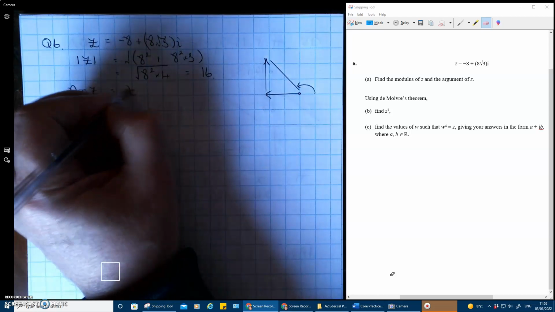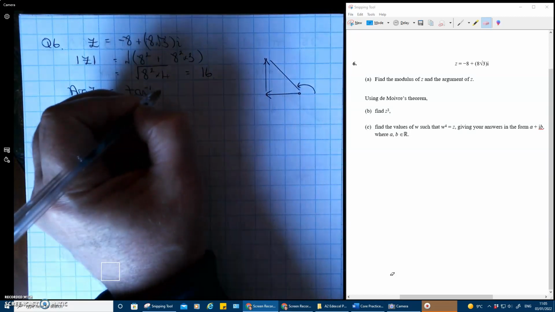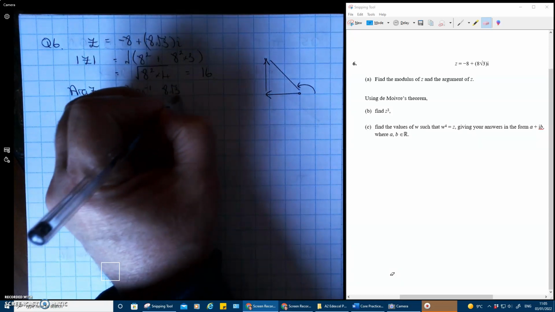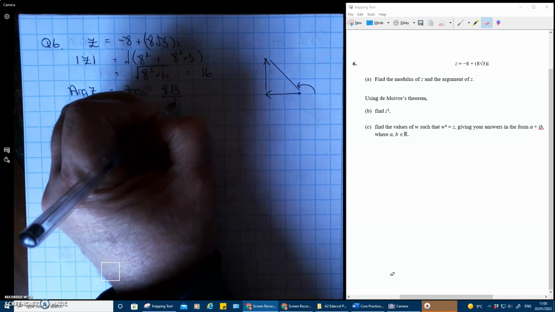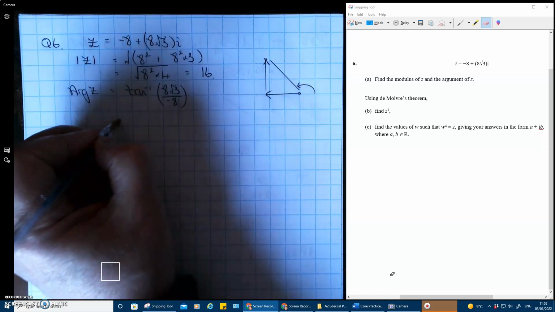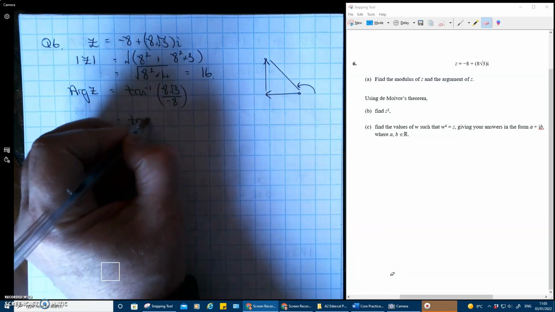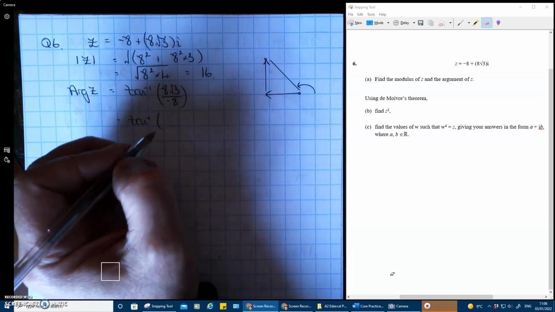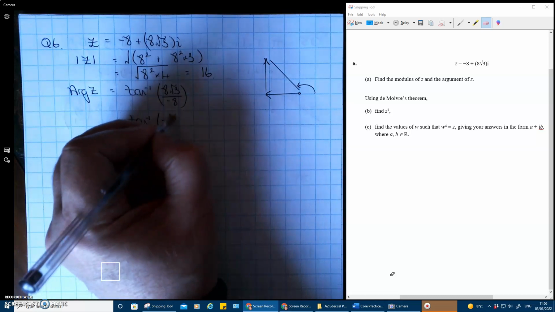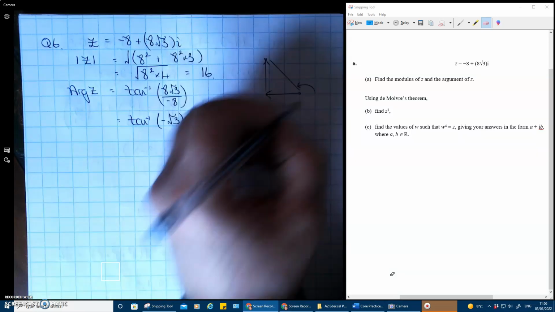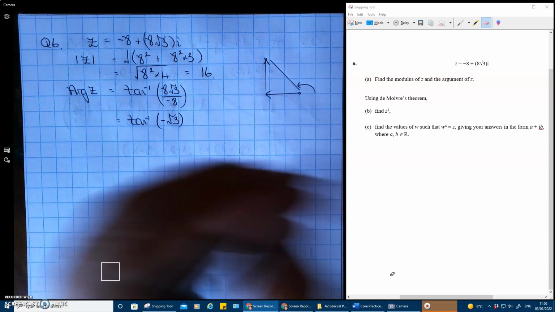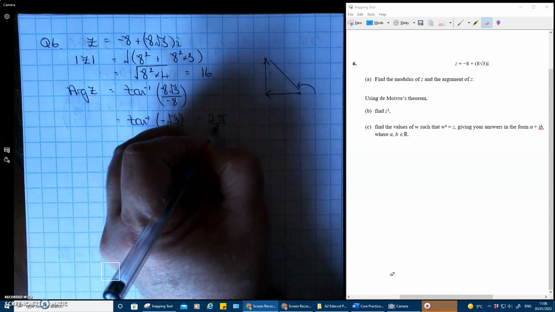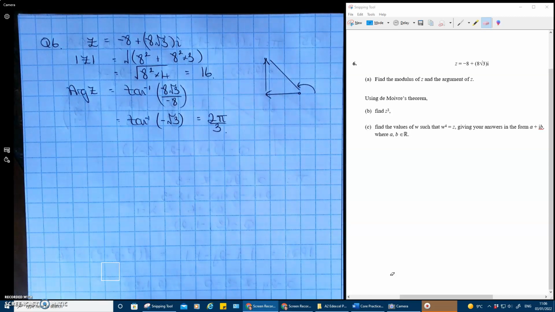So I do tan to the minus 1, imaginary over real, 8 root 3 over minus 8, which is tan to the minus 1 of minus root 3. And because I know where it is over here, I know the answer is 2 pi by 3.